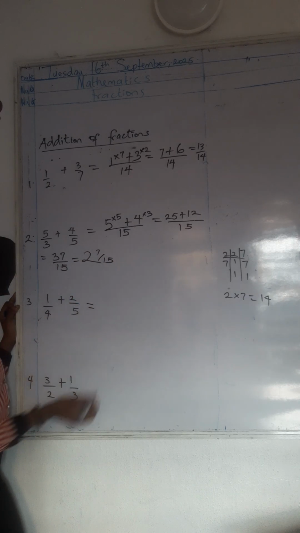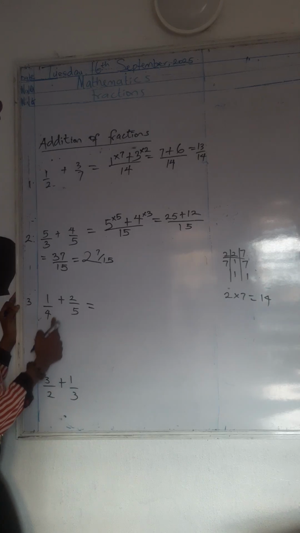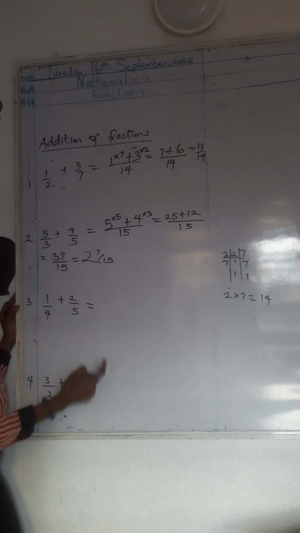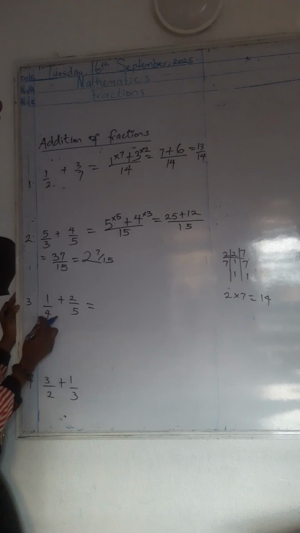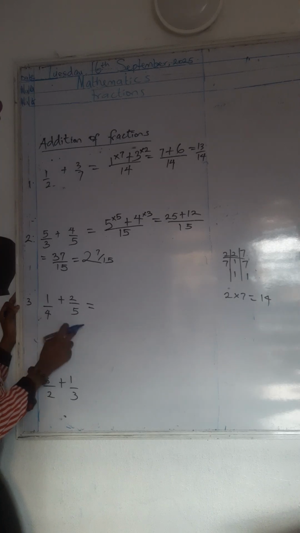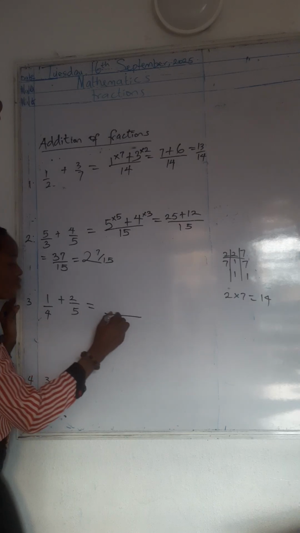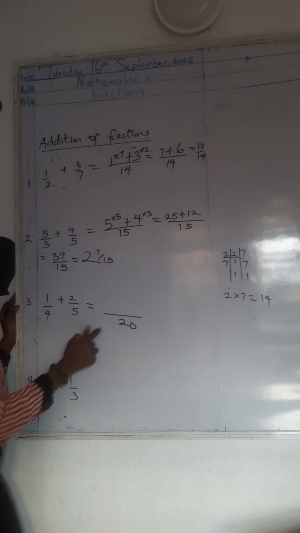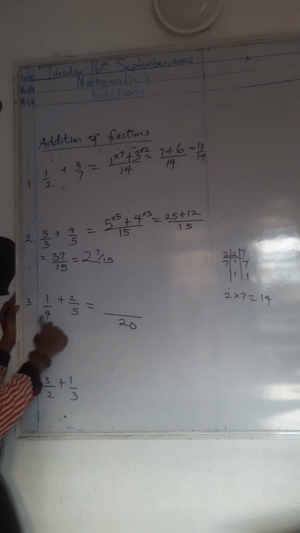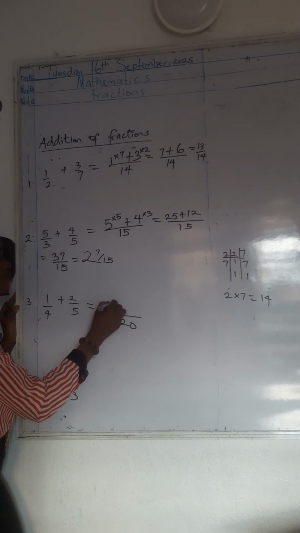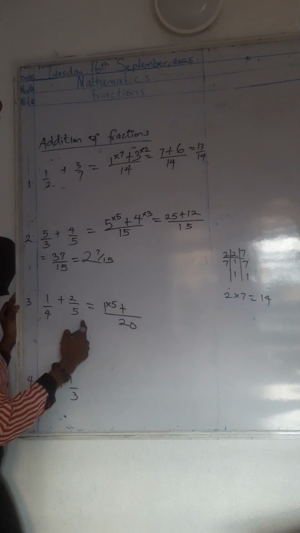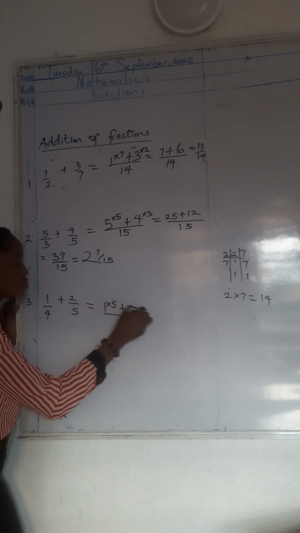Now the next question says 1 over 4 plus 2 over 5. How do I solve this? Since the denominators are not the same and there is nothing at all that can divide, I'll multiply the denominators. 4 times 5 is 20. 20 divided by 4 is 5. 1 times 5, plus, I'll drop my 2.